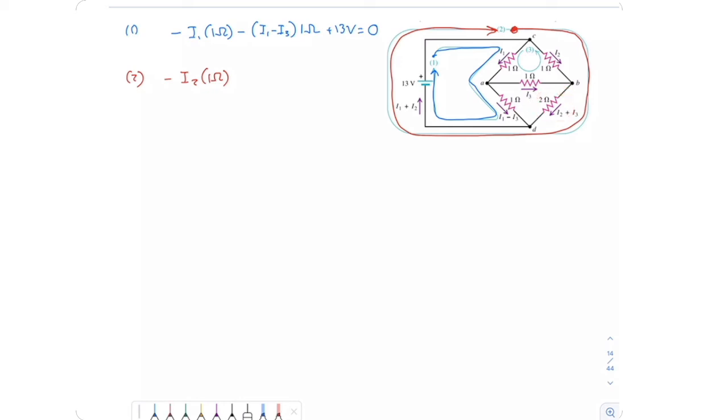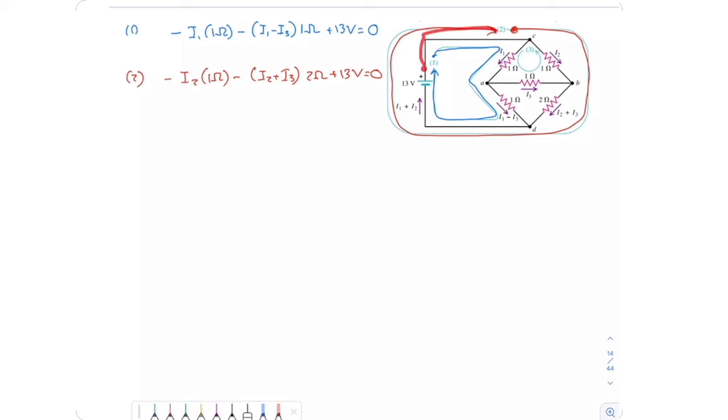Then I go across this 2 ohm resistor, and I'm going with the current, so there's a voltage drop. The current is I2 plus I3, and the resistance is 2 ohms. And then I get over here, and I go up in voltage by 13 volts. I get back to where I start, so that has to all add up to be 0.